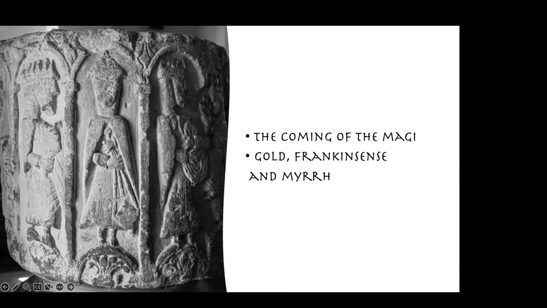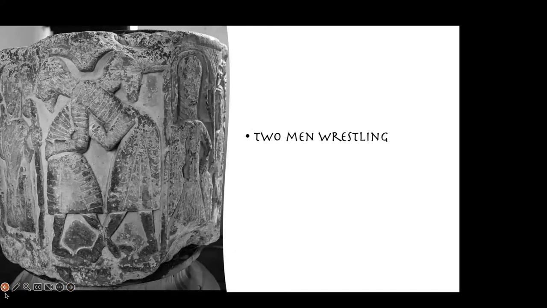So that's Herod round there. Here are the three wise men with their gifts of gold, frankincense, and myrrh. Around there is the Virgin and child receiving the gifts. We go past Herod, and then we get to the two men, there's an angel there, two men wrestling, and a bishop.